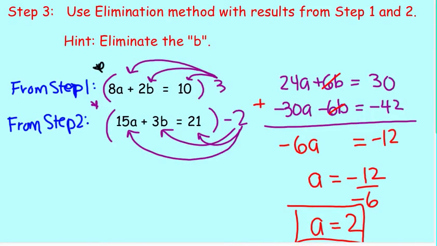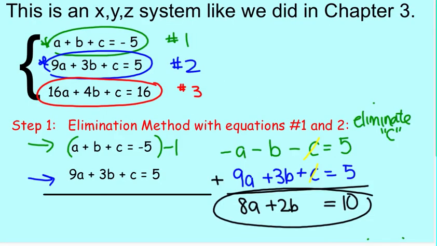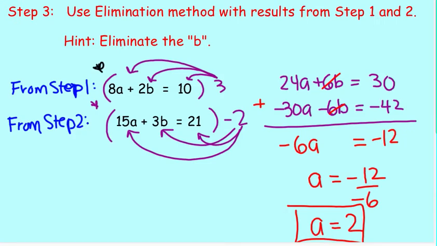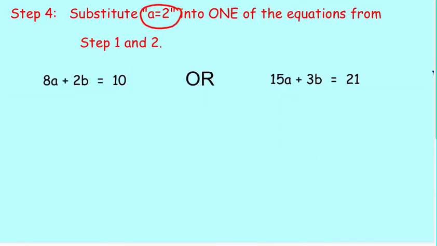So remember step 1 and step 2? There was this black one or purple one. We're going to substitute that a equaling 2 in. So it's going to go either here or there, and we're going to solve it now for b. I'm just going to choose this equation right here, and I'm going to substitute 2 in.